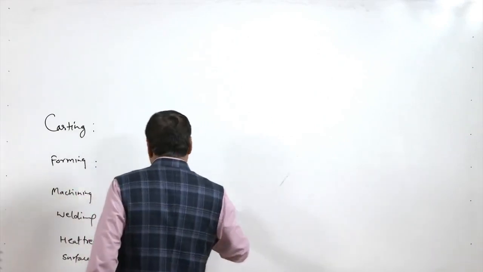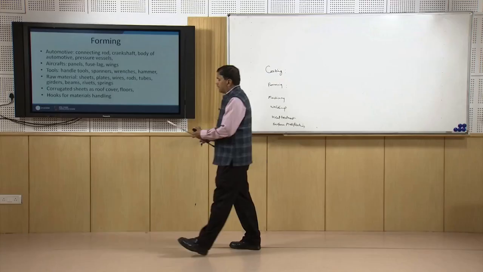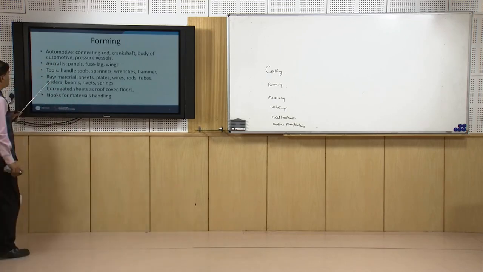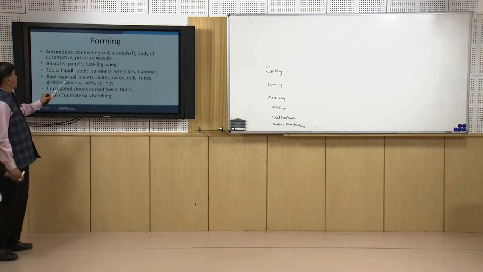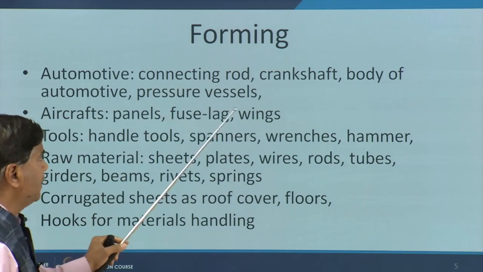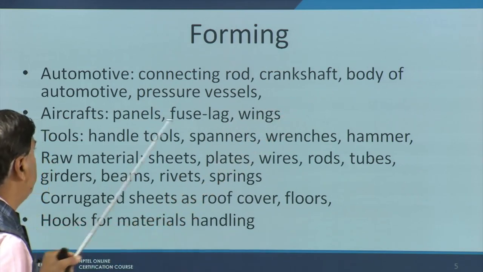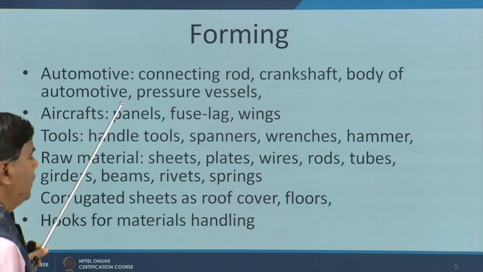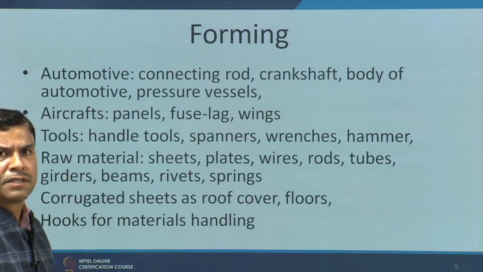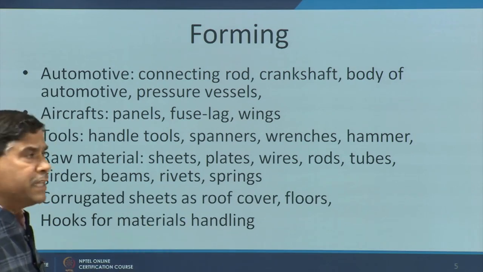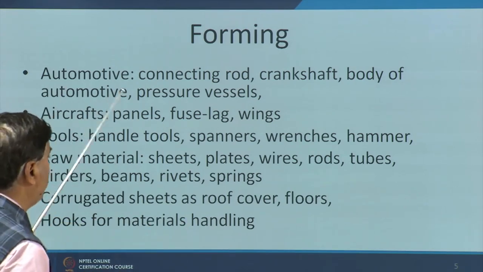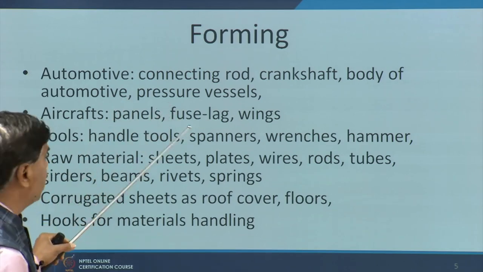Now, we will see product wise what these processes are used for. The forming process in the automotive sector is used for making connecting rods, crankshafts, and the body of automotive components. If you see cars, trucks, buses, their body is made of sheets, and they are deformed using forming based processes like sheet metal forming.